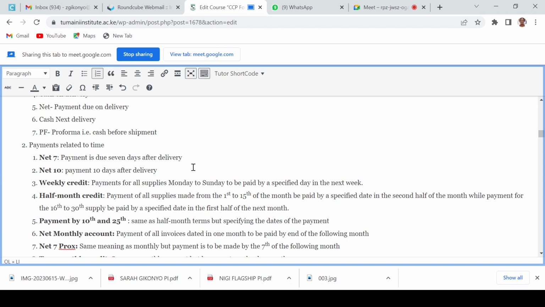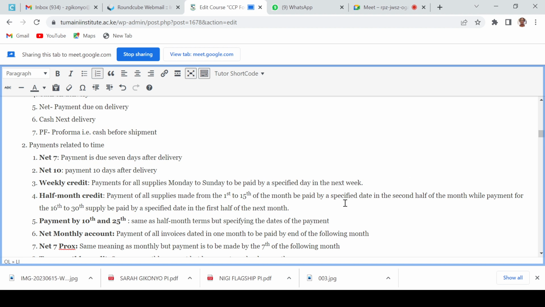So kuna hiyo ingine we call it half month credit. Half month credit payment, meaning payment of all supplies made from the 1st to 15th of the month are to be paid on a specified date in the second half of the month, while payment for the 16th to 30th supply is paid by a specified date in the first half of the next month.